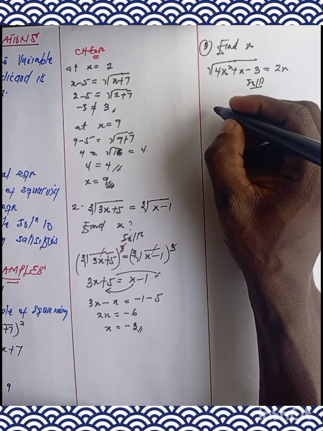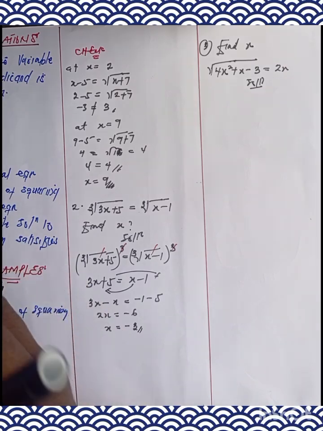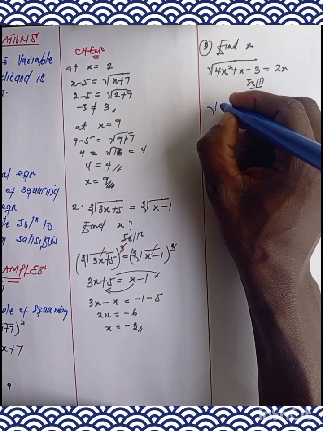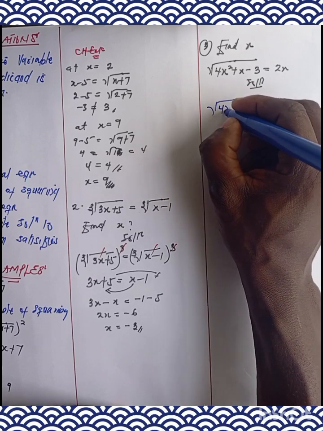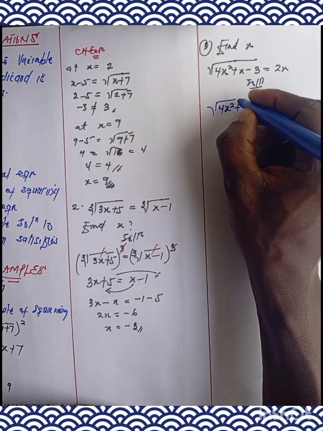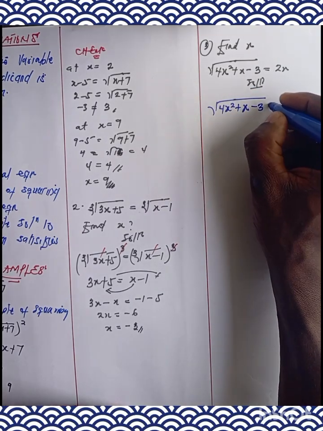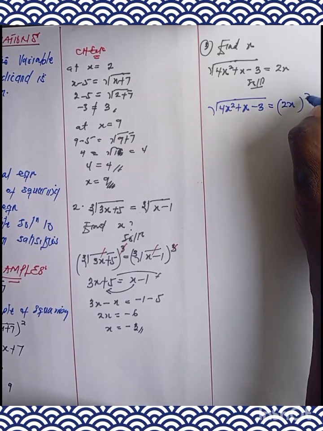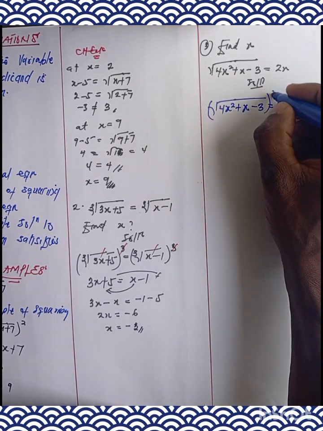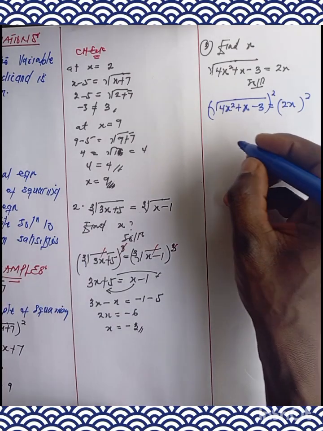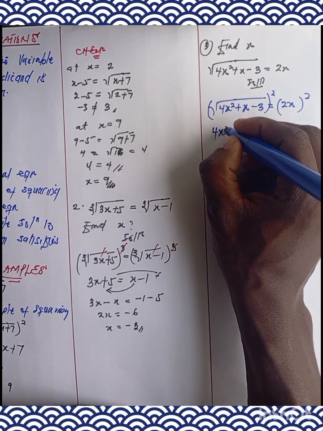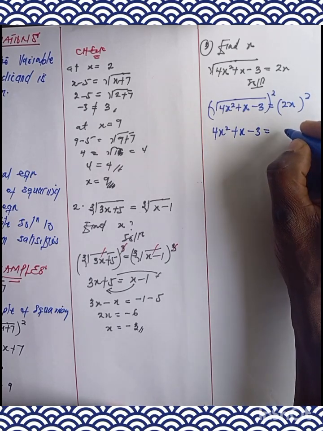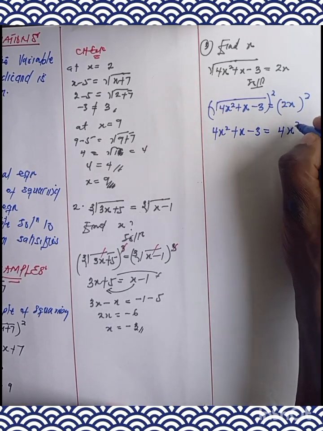So squaring both sides, we are getting 4x squared plus x minus 3 is equal to 4x squared.